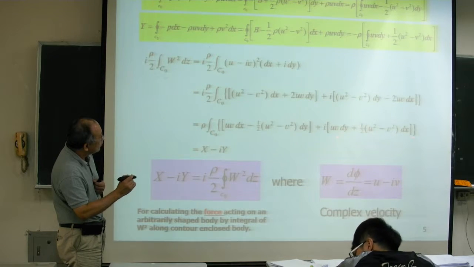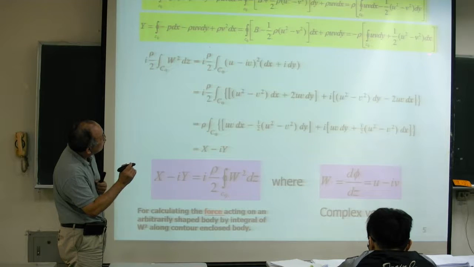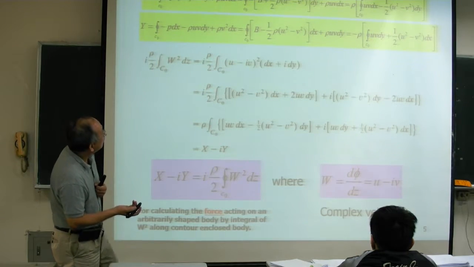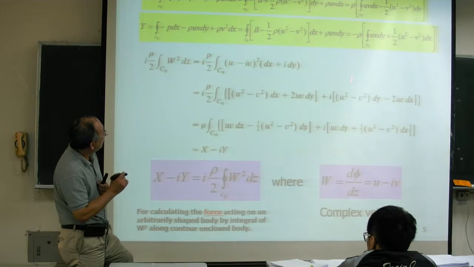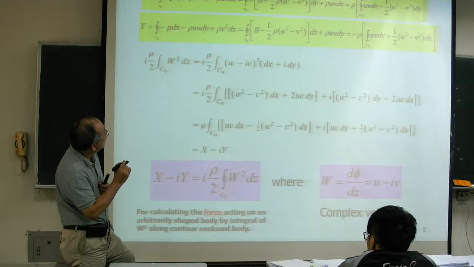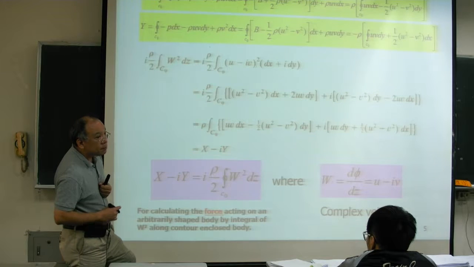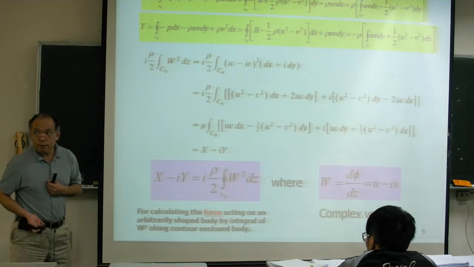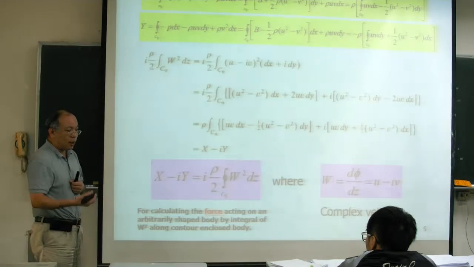And how about this imaginary part? Compare with this. Only the sign is different, right? This is a positive sign. This is negative sign. Okay. So this becomes x minus iy. Okay, so that kind of proof.